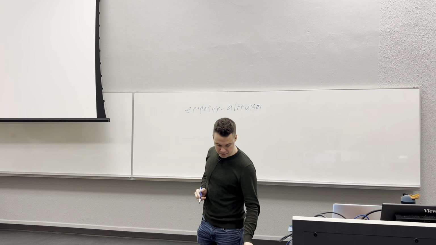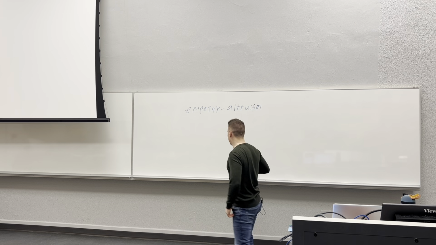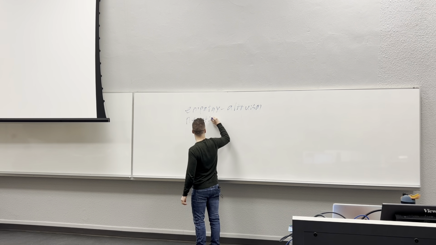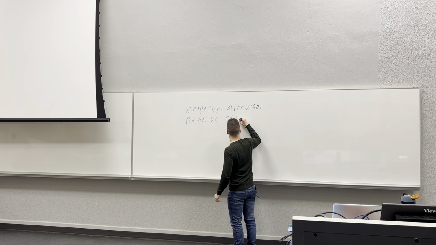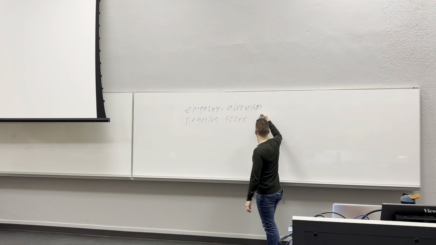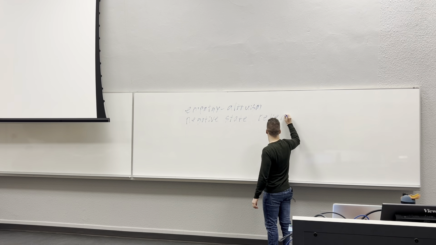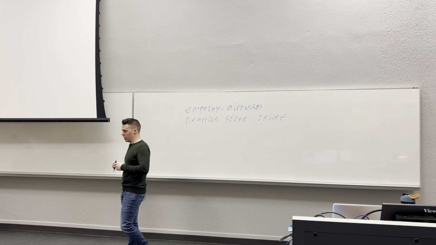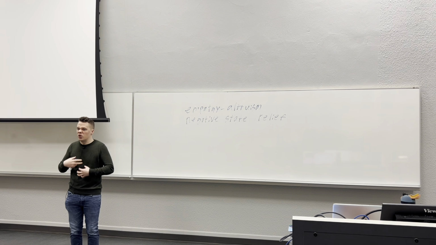The other one is the negative state relief hypothesis. The idea here is when you see someone who's suffering, you feel unpleasant. You feel guilty. You feel like, oh, that looks really unpleasant.